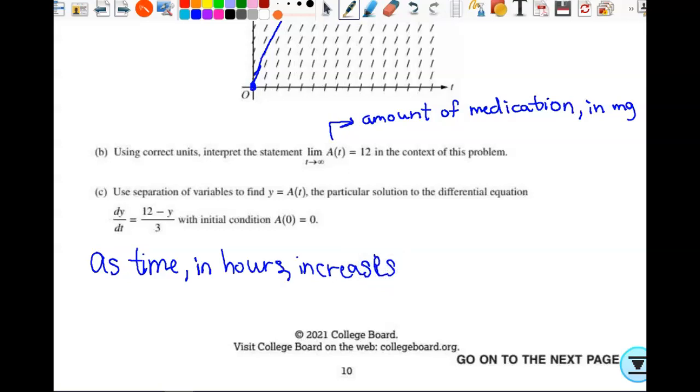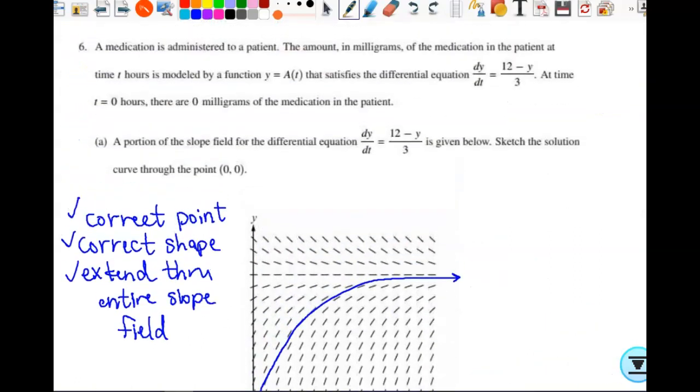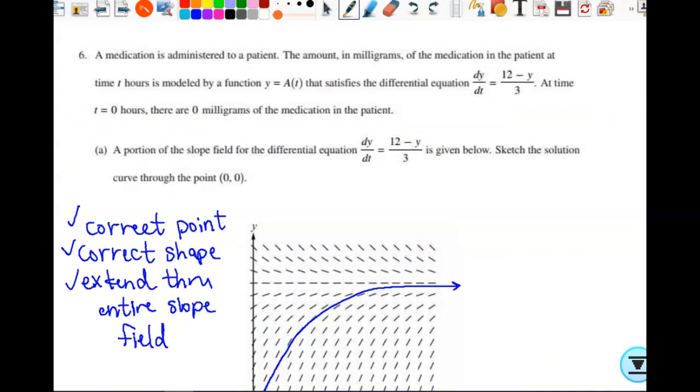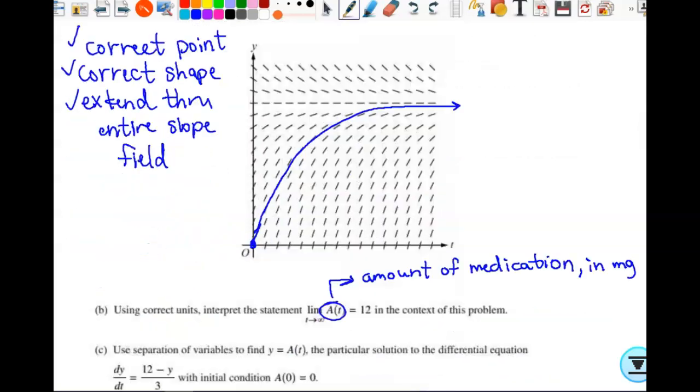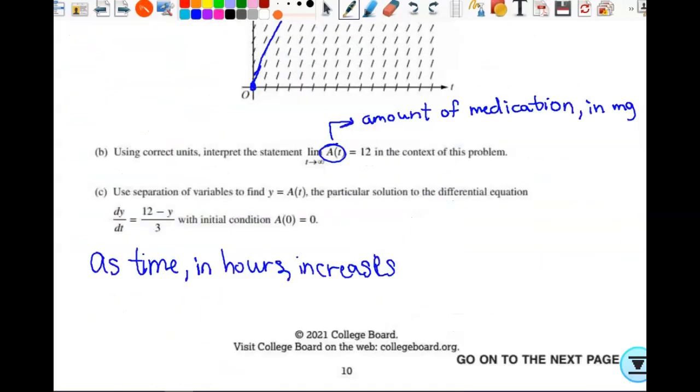It's approaching 12, right? But we have to be in context. So when you read that A of t, remind yourself what that's talking about. It's defined for us in the prompt: the amount in milligrams of medication in the patient.